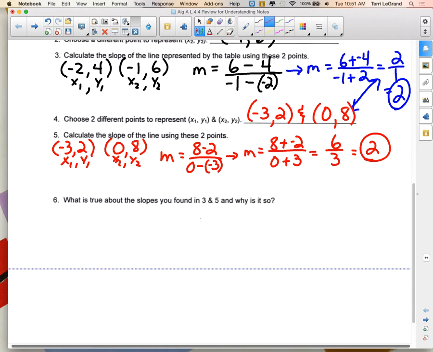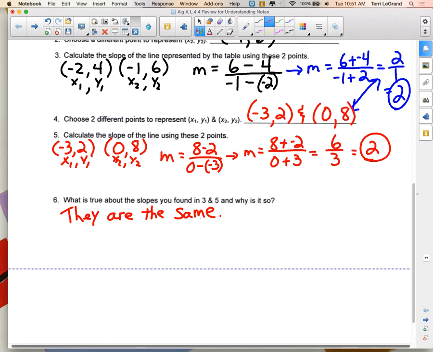What is true about the slopes you found in 3, which is blue on my sheet, and 5, which is red? What's true about them? They are the same. Okay, let's write that. Should they have turned out the same? Why?